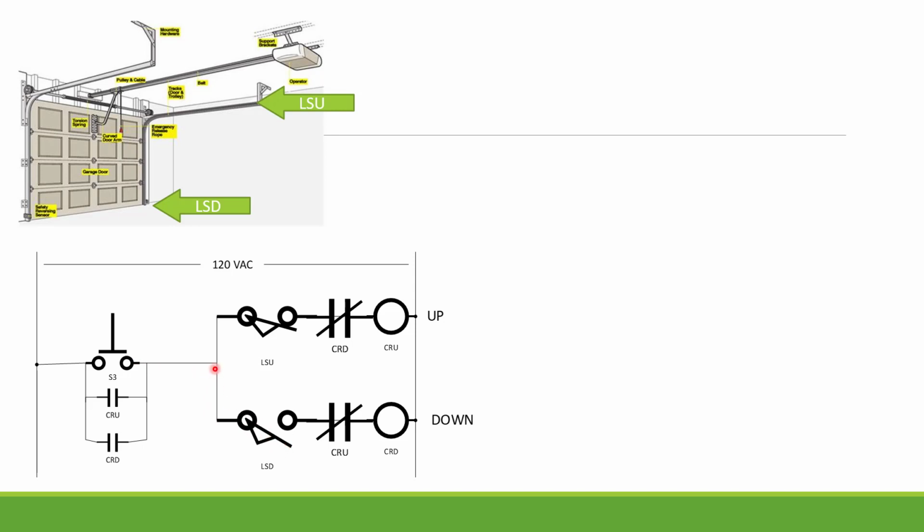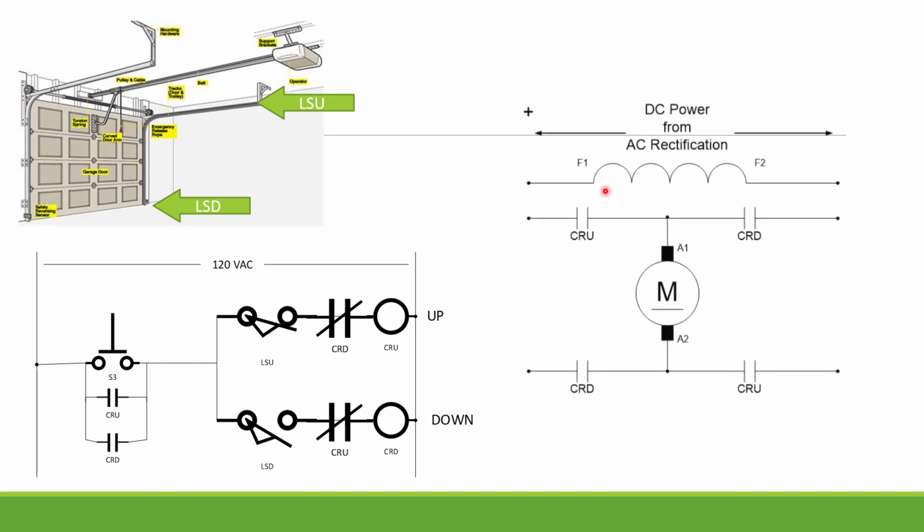It can go this way because everything's closed, allowing current to get to this, and that causes the motor to run in one direction. Now, there's another circuit here where the motor actually is, and when this output energizes, that causes the circuit to run the motor in one way.